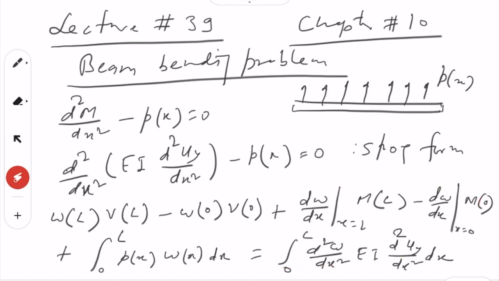So, I have rearranged it in such a way that this term is equal to this term, meaning that this is all the force terms we have this side, and this is the one which we will get, and this will be of the form of k times u.